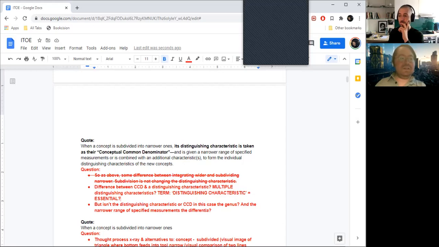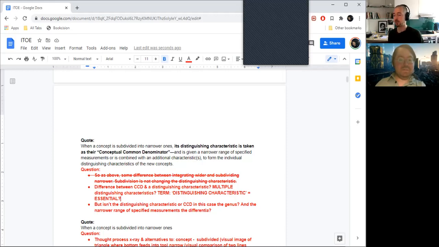In this case, the distinguishing characteristic would be size. That's the CCD of these subdivided things: their size. They differ in size, but it's a measurement they have in common. Like a Pomeranian is smaller than a boxer. I mean, you could say it's their range of measurements. They're on the lower end of size.